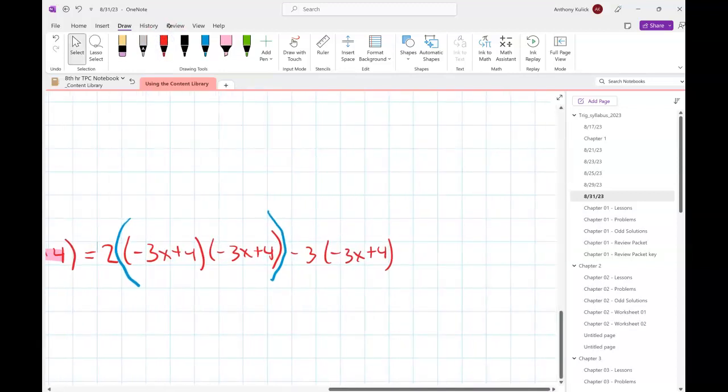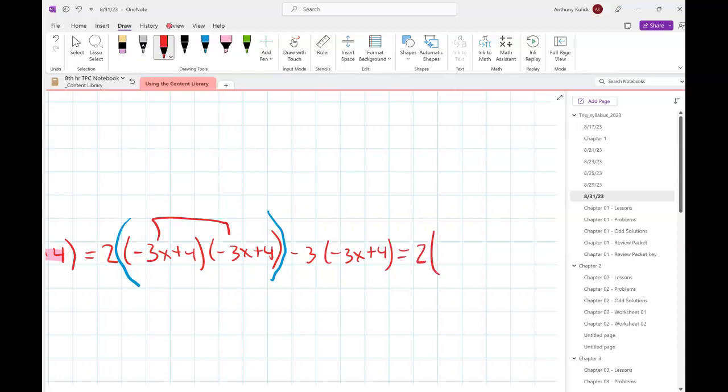So again, when we have 2 parentheses written next to each other, we multiply using the FOIL acronym. So first, what is negative 3x times negative 3x? 9x squared. Good. Just shout them out when you know. And then outer, negative 3x times 4.